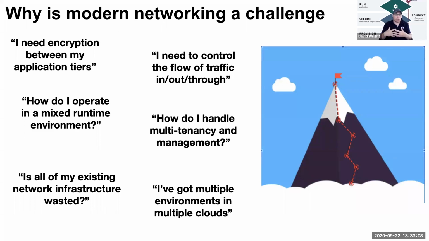So if we take a look at why modern networking is a challenge, I think it's a good place to start just to set a baseline. If we look back in the past, traditional networking was very much under your control. You had a very defined realm that you were the master of. You had a point between internal and external where you could define very clear security barriers.